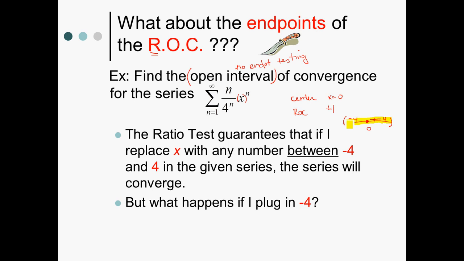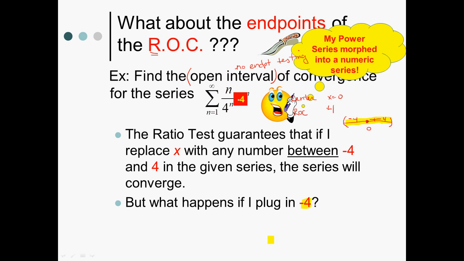All of those numbers I can plug into this power series for x, and I don't have to test anything. I am guaranteed to have a convergent numeric series. But I don't know about the endpoints. So take negative 4 and you must individually test it.